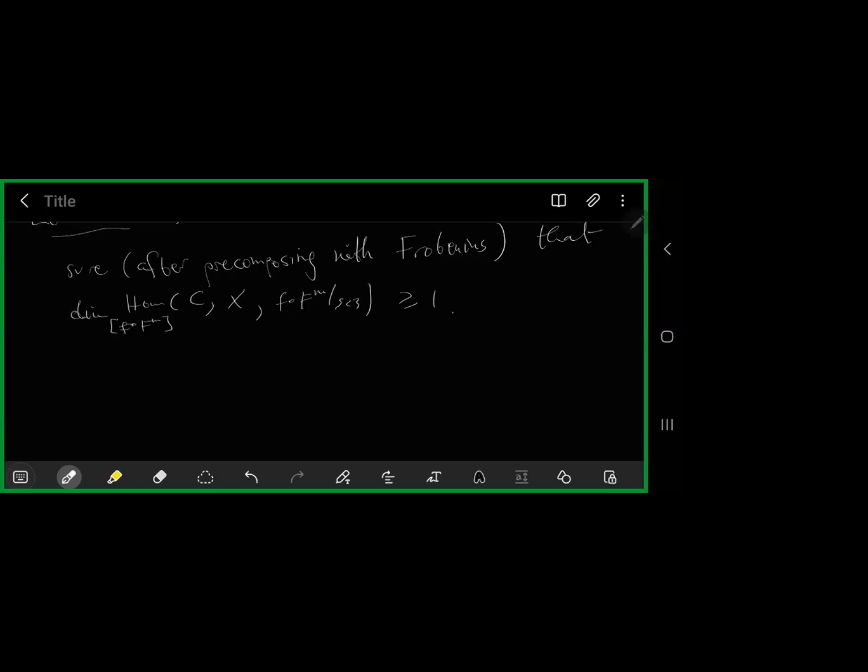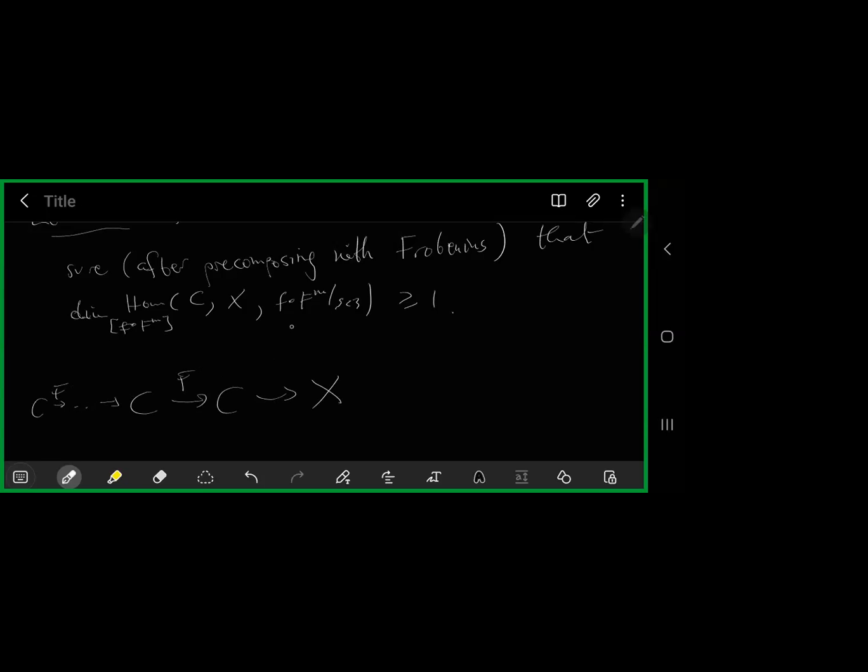And why is this useful? Well, precomposing by Frobenius as many times as needed, we can ensure that even though we're the same curve, this increases the degree, but does not change the genus of the curve. And why is this useful?